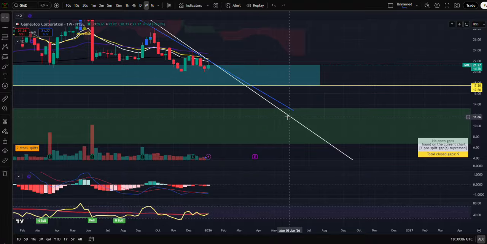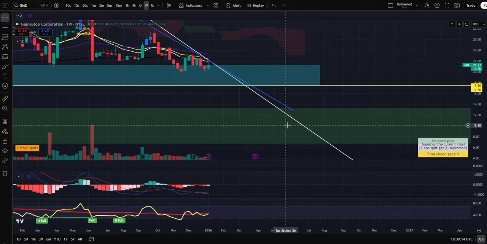If we look here at the bottom of the triangle, we can see GameStop is waiting here at the bottom of the bullish liquidity zone, where the triangle just happens to end around May times. So guys, make of that what you will. This is where I would personally load up massively. I've made a lot of profit with this stock whenever it's come down into this area, and I will do the same thing again.